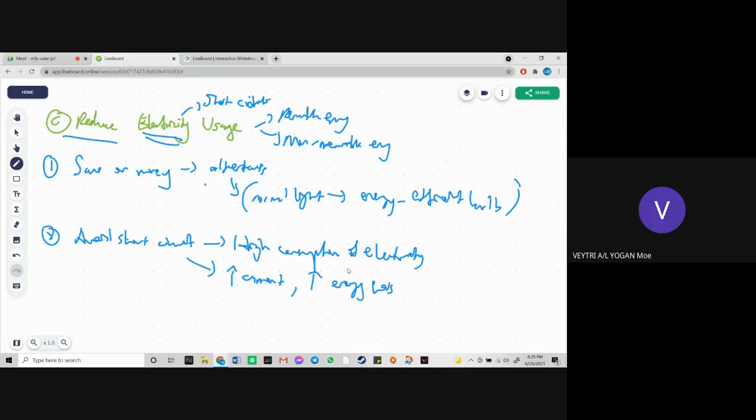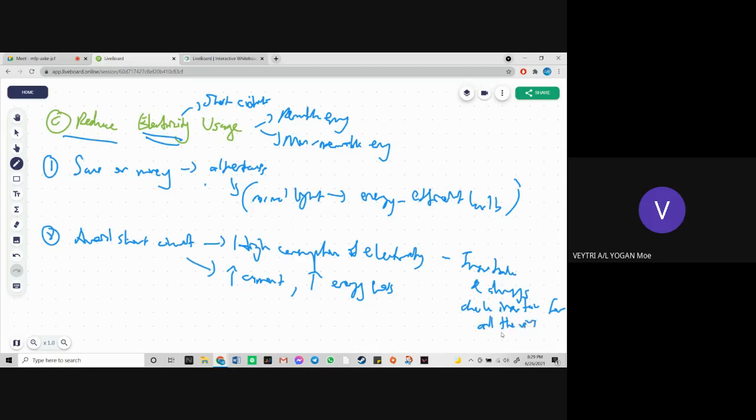Okay, now to avoid short circuit, what can we do to avoid short circuit? Insulate. Okay, we can insulate and always check insulator for all of the wires used.